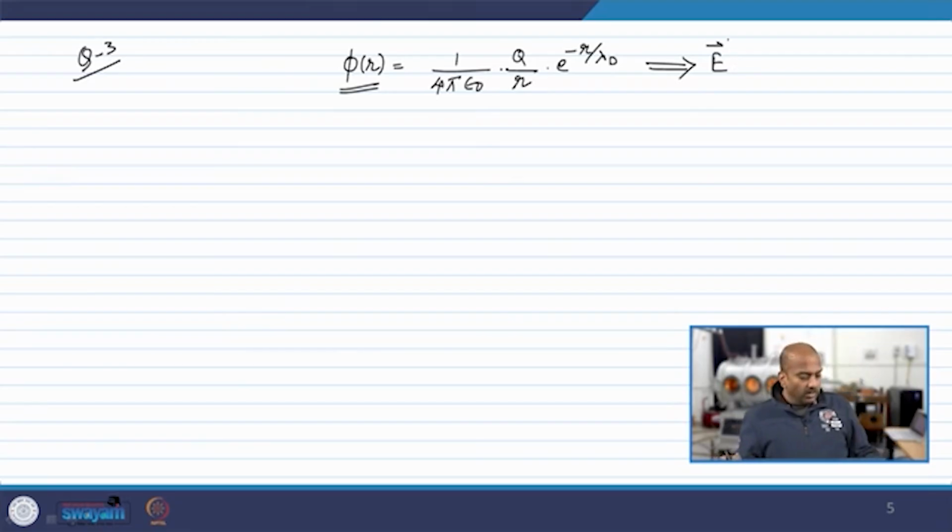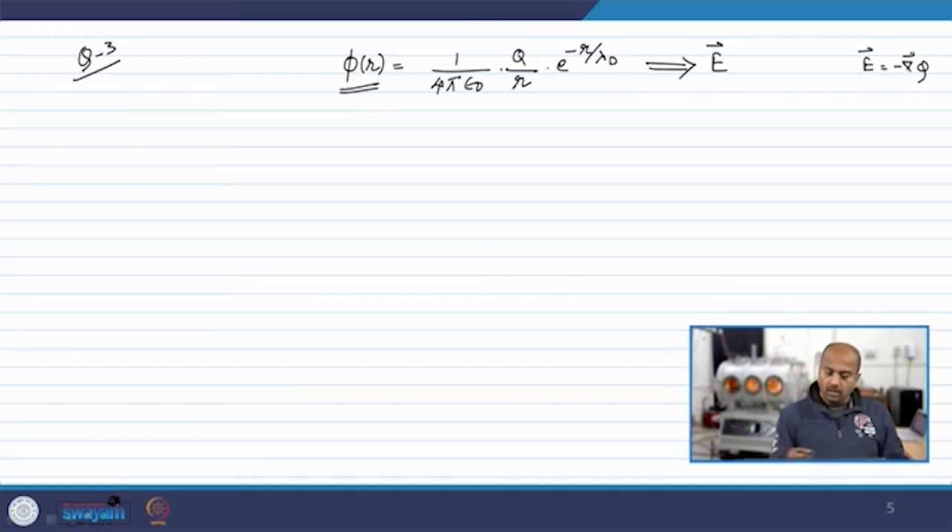So, we know that the electric field is the negative potential gradient. So, E is equal to minus del phi. We have to find out the electric field now. Okay. But since the coordinate system is in terms of r, we have to use an appropriate formula.